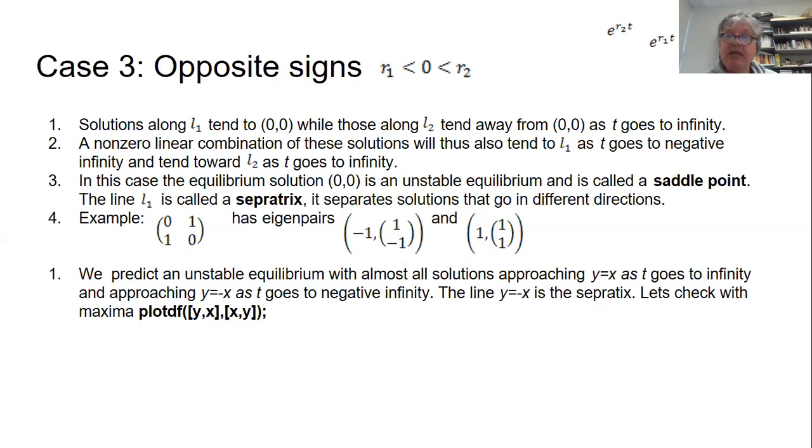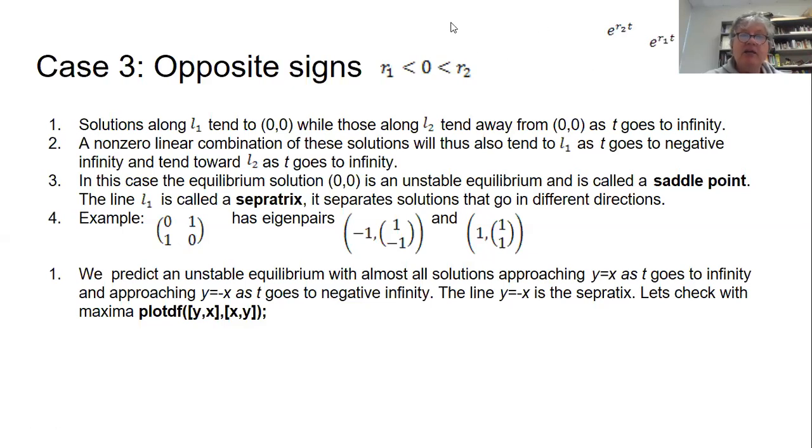We predict an unstable equilibrium with almost all solutions approaching y equals x as t goes to infinity, right? So that's y equals x corresponds to 1, 1, which is the eigenvector, and it approaches y equals minus x as t goes to negative infinity. And the line y equals minus x is the separatrix.